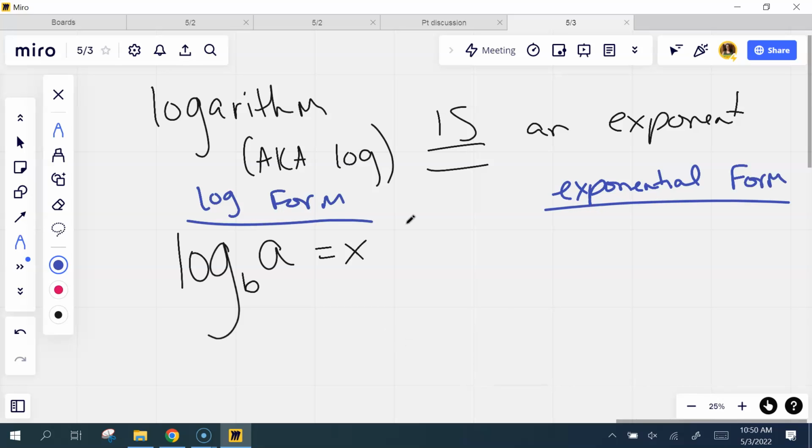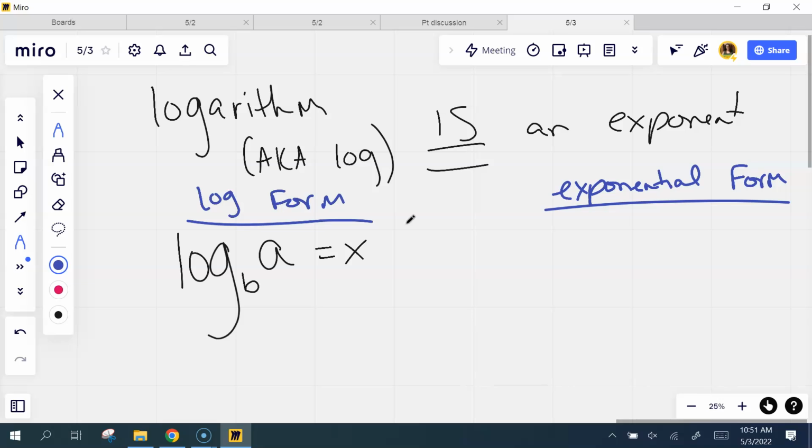We'll try to make this as easy as I can for you, because you have to be able to go from one form to the other very, very fluidly. So log base b of a equals x. What do you think the base in my exponential form is going to be? Let me say it again in logarithmic form. Log base b of a equals x.